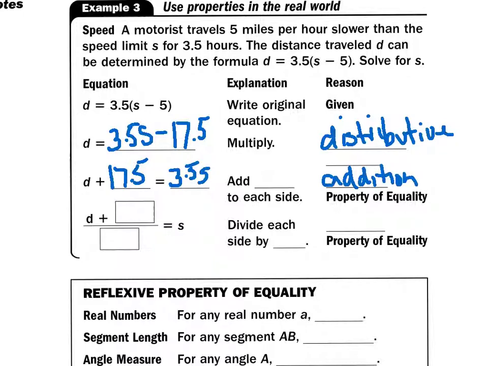And to get the s by itself, I need to divide by the 3.5. And that's division. And we have solved for s.